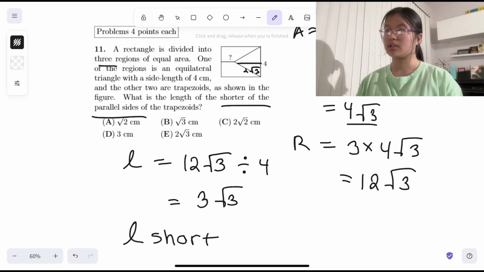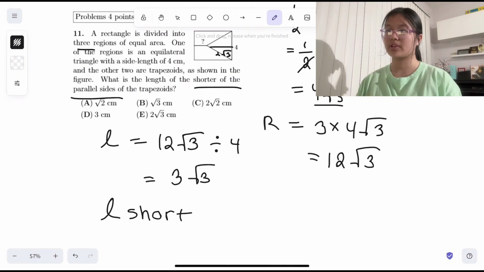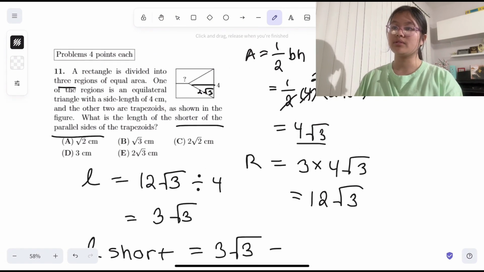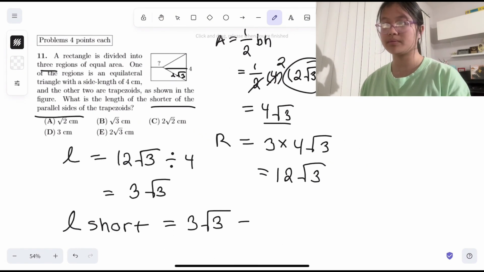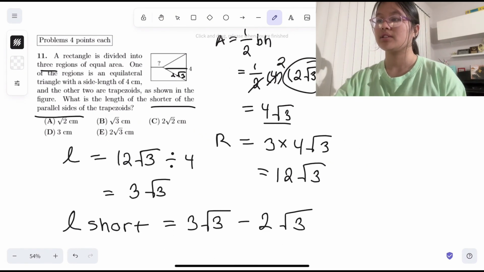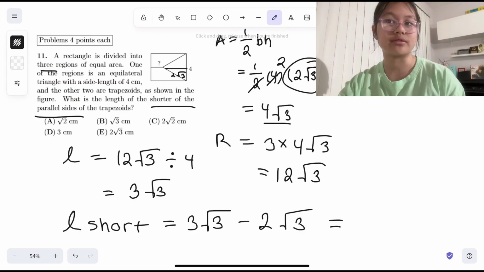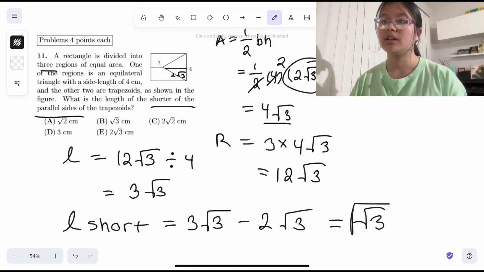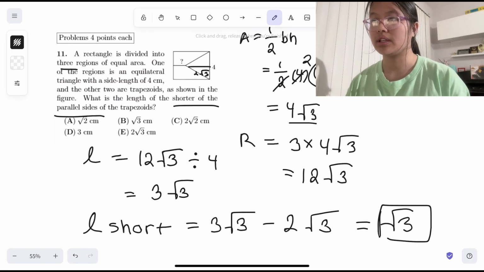So we can do 3 square root 3 minus 2 square root 3, which is what we got earlier to find the length. So then what we get as a result is square root 3. So our answer is B.